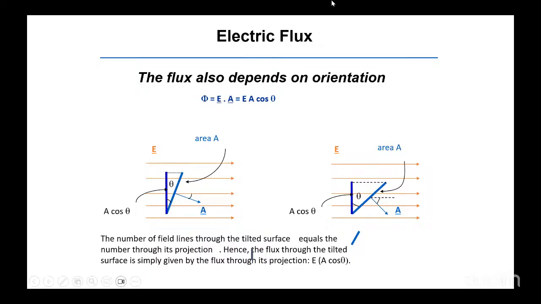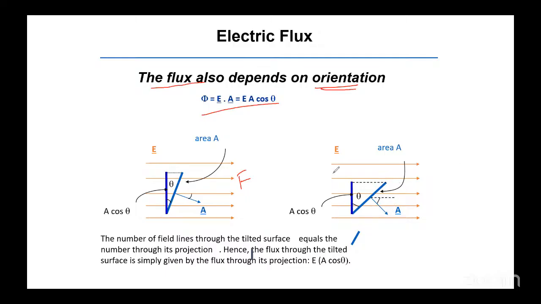Here flux may depend upon the orientation. How does the electric flux depend upon the orientation? If the surface is considered inside the lines of force, and it is moving in different directions, making different angles with the direction of the line of force of the field, you can easily say how the flux value depends on it.